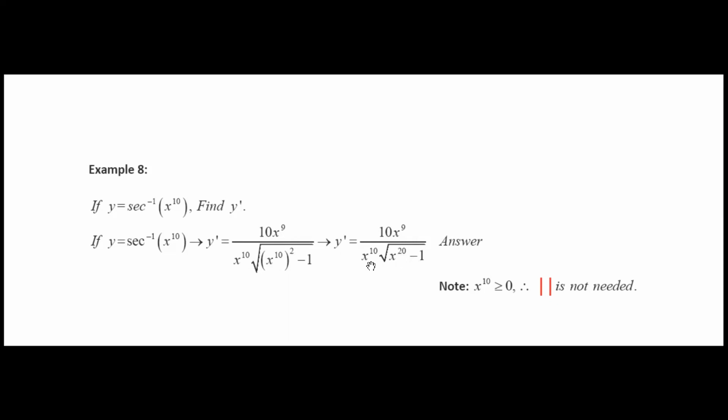Now you notice I did not take the absolute value of x to the 10th, and the reason we did not is that x to the 10th is always going to be positive. You raise anything positive or negative to an even power, the answer is always greater than or equal to 0. So it's not needed here.